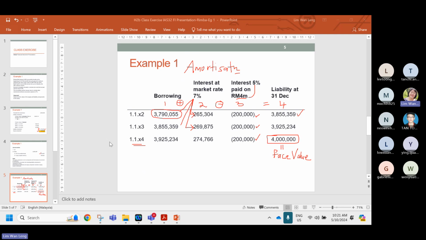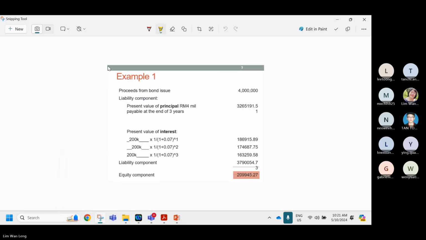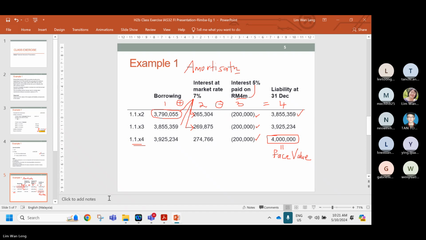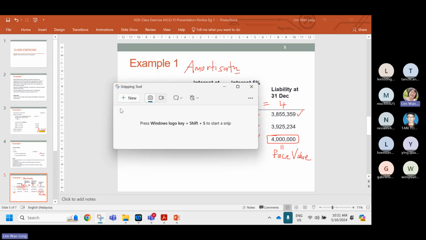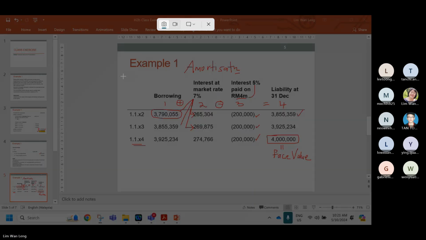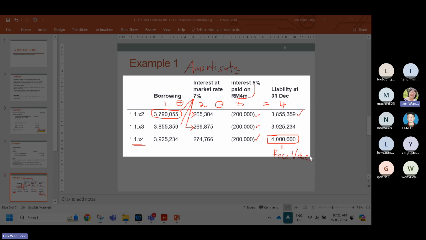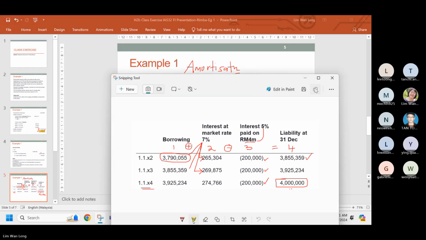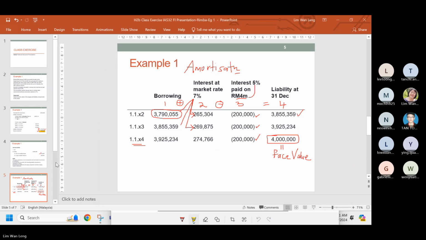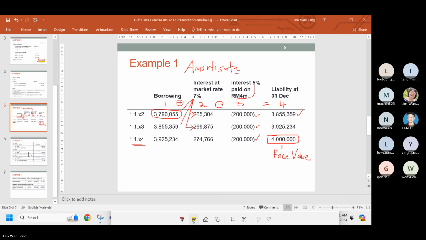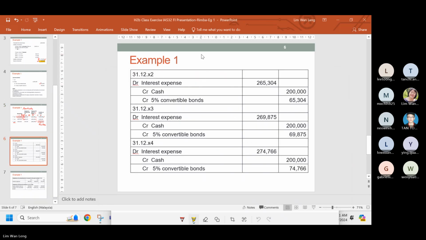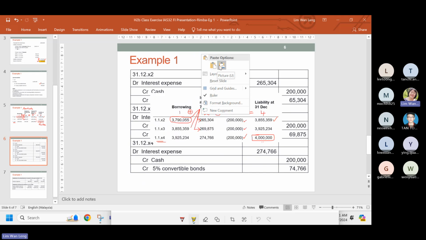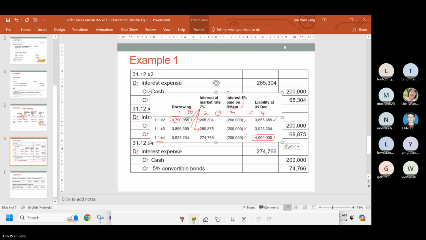Let me just crop this and go to the next slide, because once you have this, the rest will be simple: how to put in all those journal entries.